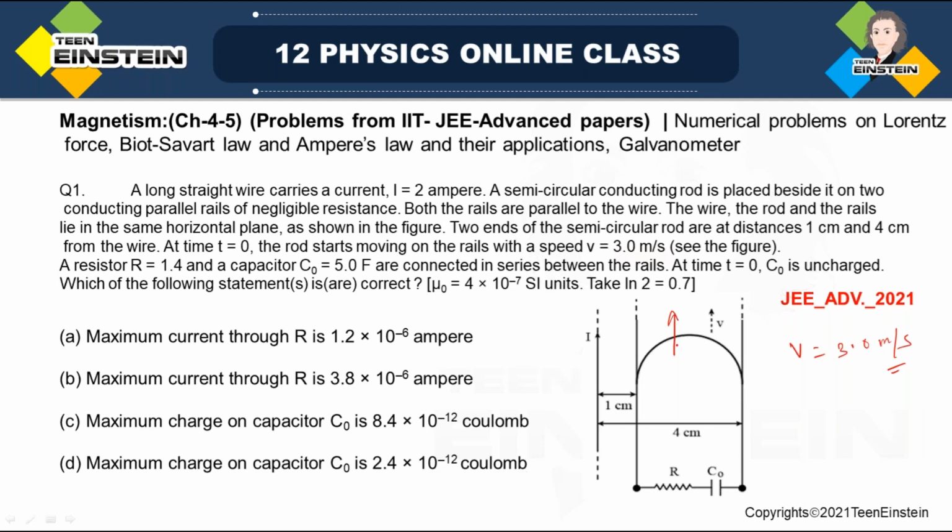So the rod, this semicircular rod, is moving with velocity 3 meter per second on the rails. That means the circuit is complete.